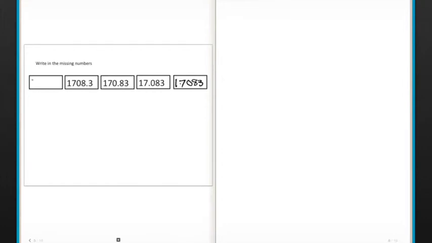And in this one we want 1, 7, 0, 8, 3. And this one was 1 from the end, so it went 4, 3, 2, 1, 0. So there should be no digits after the decimal point, so we can leave that as it is.